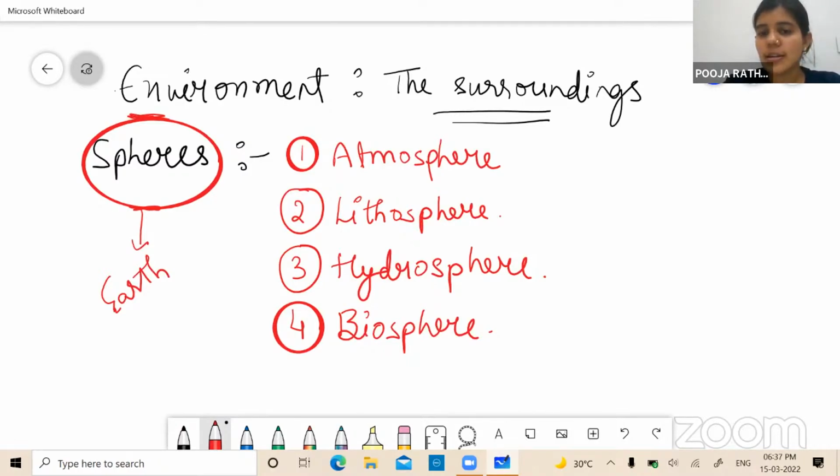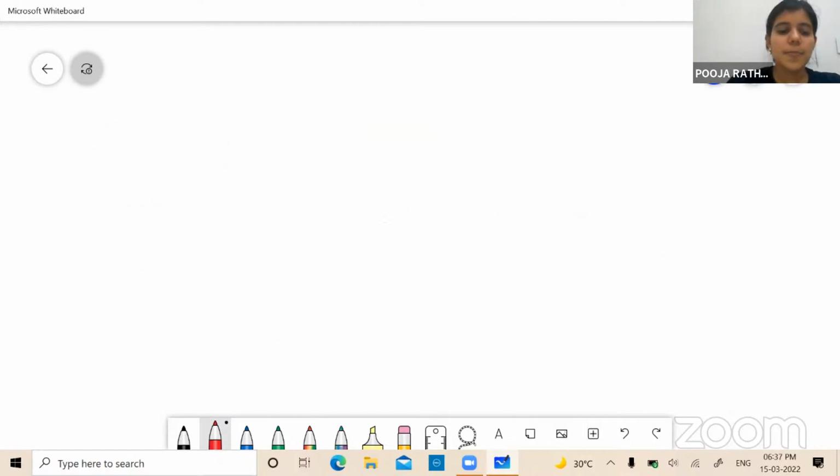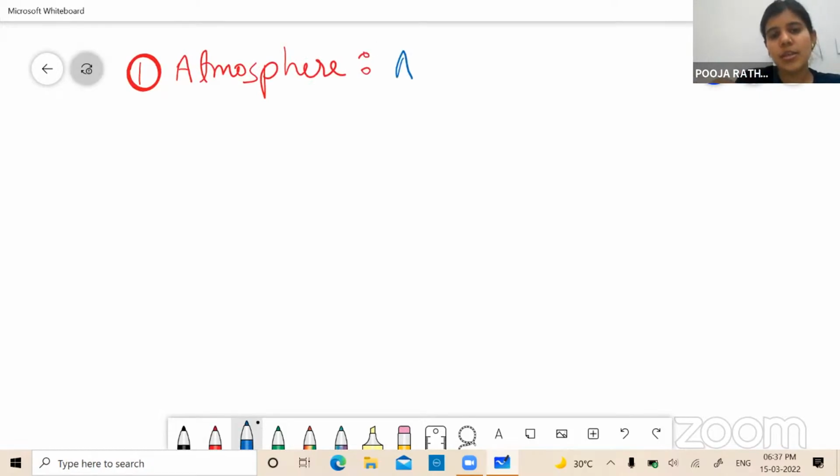We will understand all of them in detail today. First, we will begin with atmosphere. Atmosphere consists of all of the air. All air surrounding us comes under atmosphere.